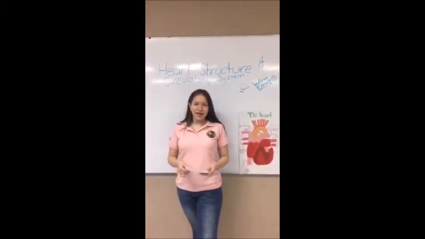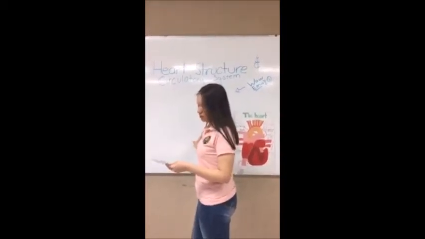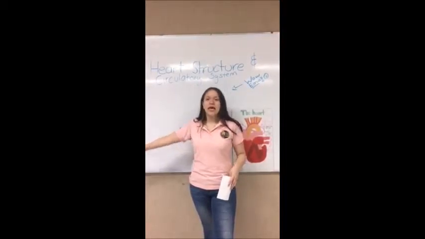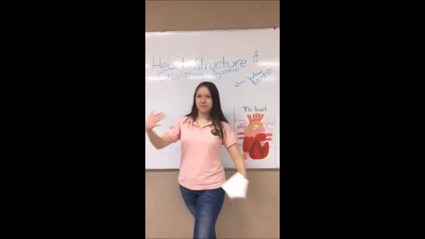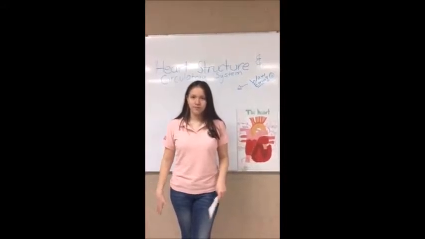Hemoglobin is a protein molecule found in red blood cells, and it is made up of subunits, and all of that hemoglobin in the blood is transported to the tissues of our body.